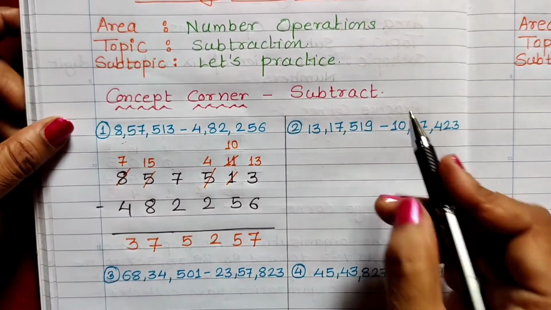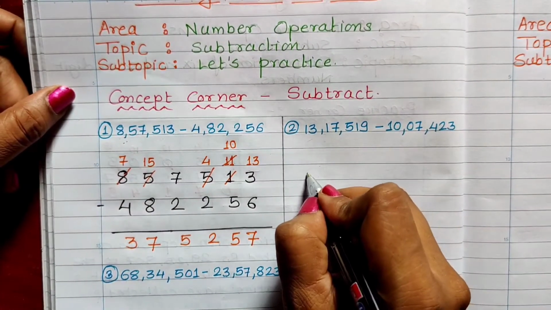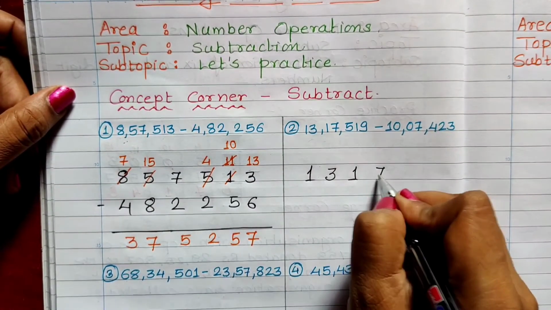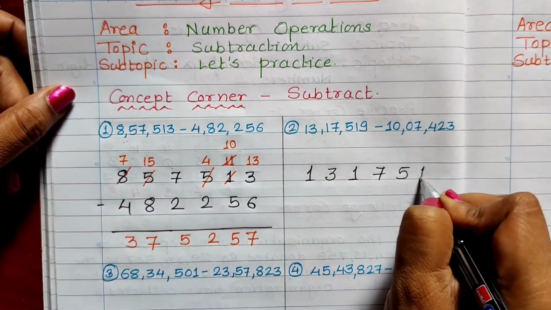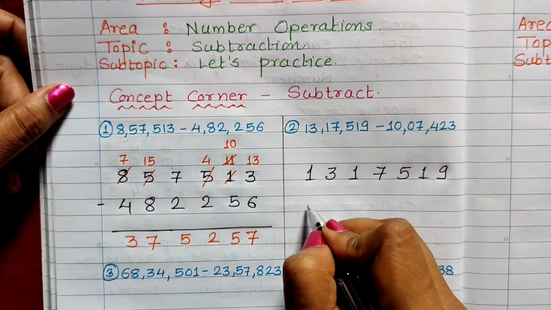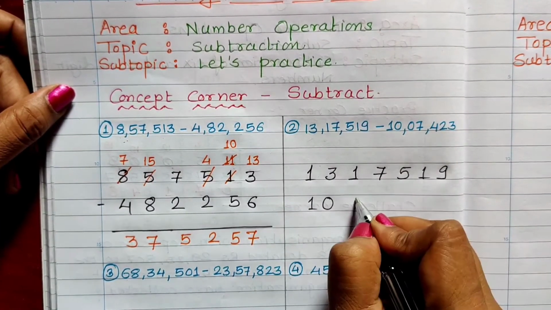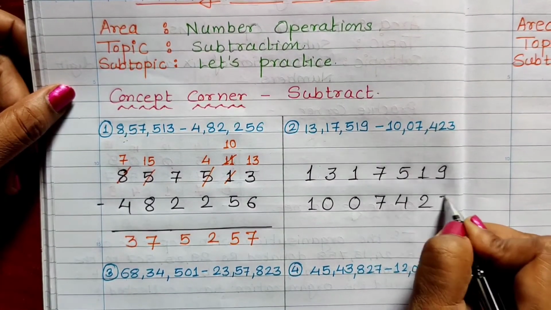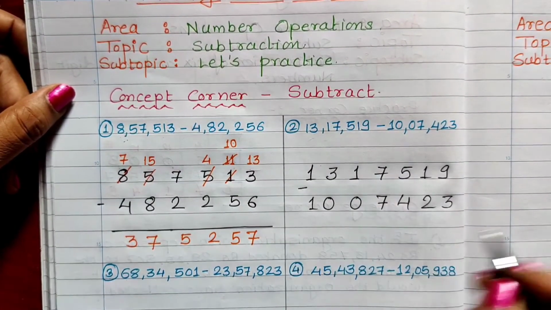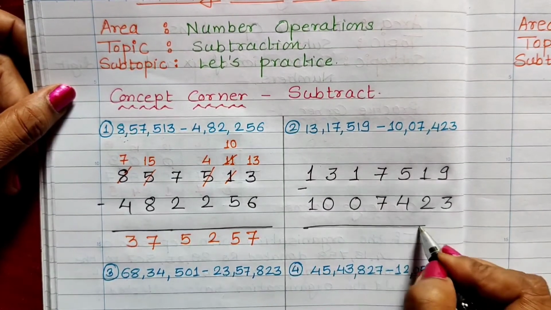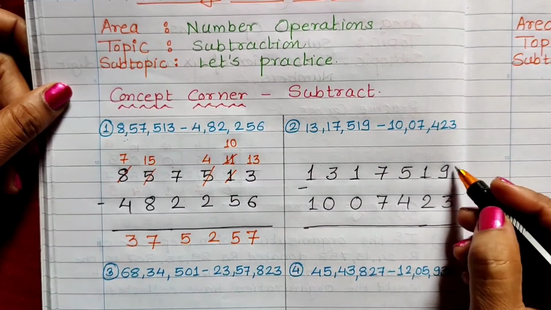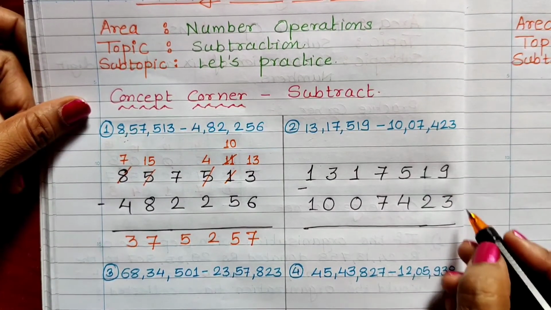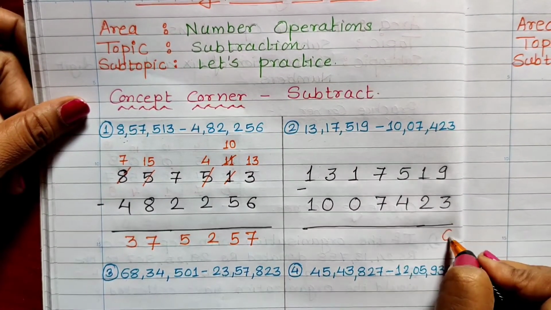Now let us write the second number. 1, 3, 1, 7, 5, 1, 9. 1, 0, 0, 7, 4, 2, 3 minus. Start from the unit place digit. 9 is bigger, 3 is smaller. We can do the subtraction. 9 minus 3 is 6.